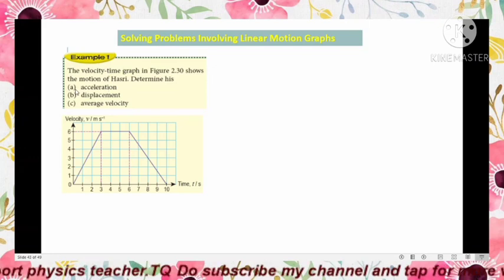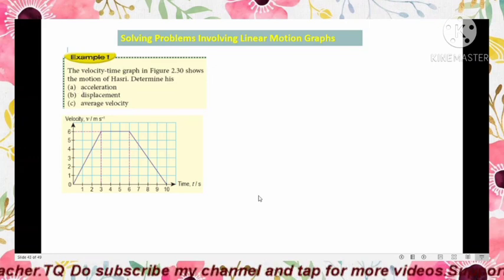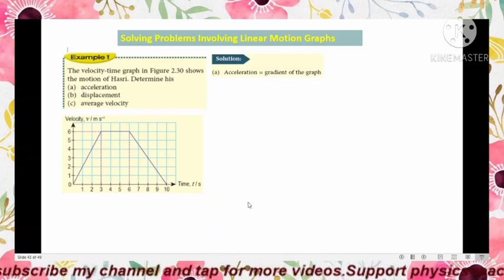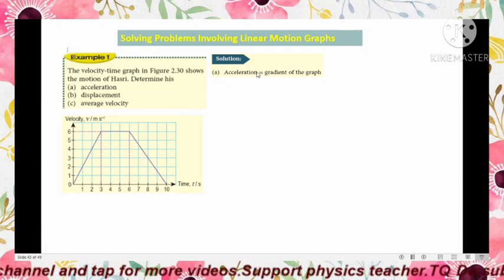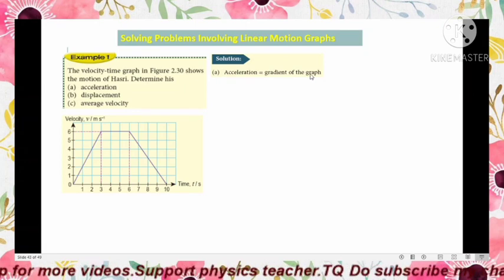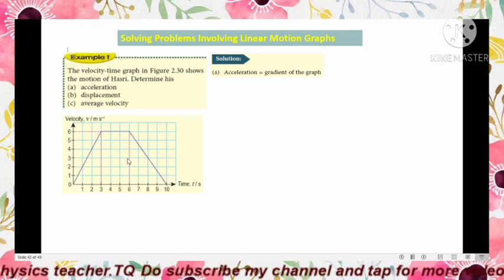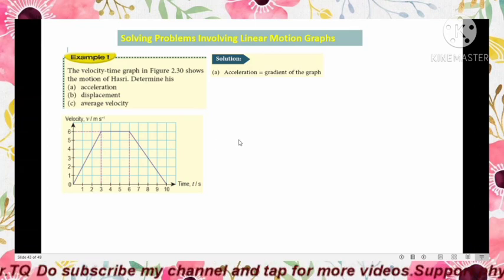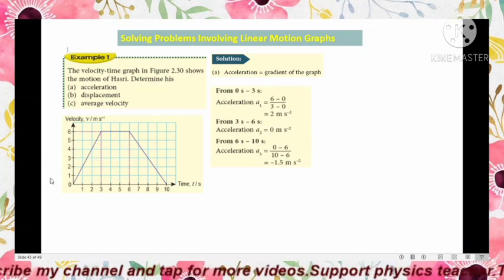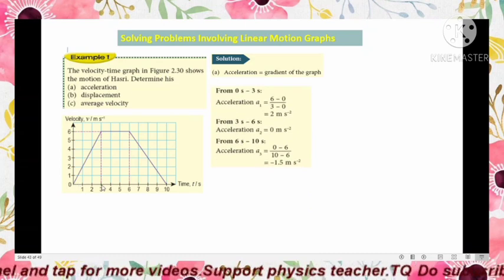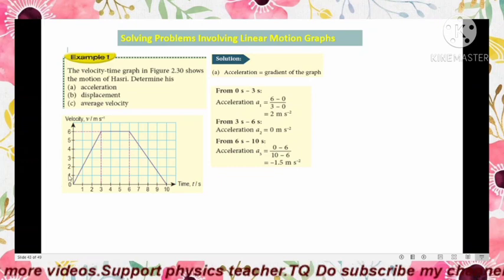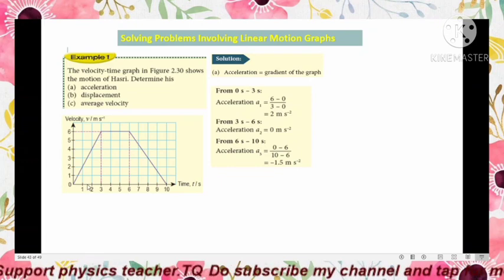Okay, let's look at part A, acceleration. Acceleration can be determined by the gradient of the graph. We will discuss this from these three sections. You can see there are different types of motion for these three sections.